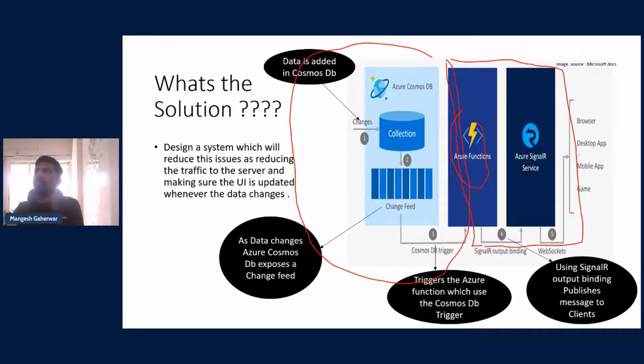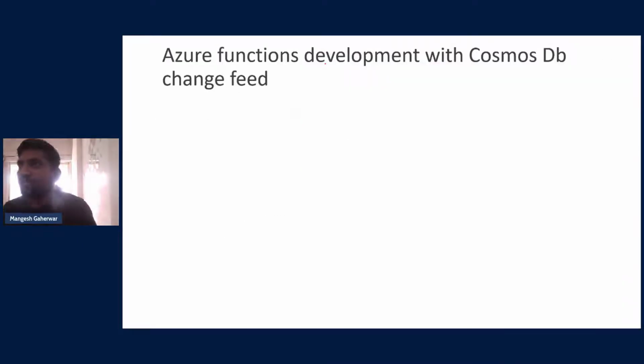And the final section of this demo would be to integrate the UI changes into the application. So let's check the first section: how we can develop the Azure function which will accept the Cosmos DB change feed using the Cosmos DB trigger.